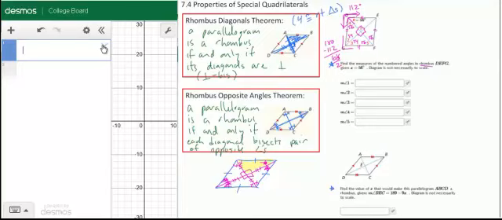And now we can answer our questions, right? Angle 1 is a 90-degree angle. The diagonals of a rhombus are perpendicular bisectors, so that's perpendicular. Angle 2 we see is 34, as is angle 3. That angle is being bisected, and the consecutive angles are supplementary. Angle 4 is 56.